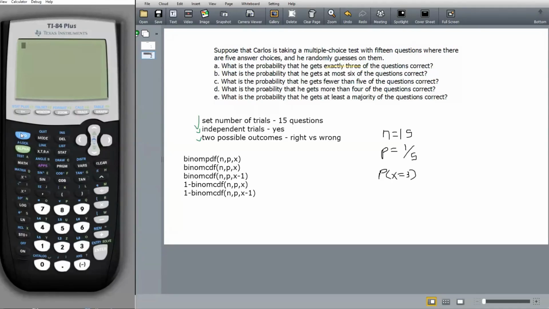So I can go ahead and click second, vars, and then go down to binomial PDF. My number of trials is 15. My probability of success is 1 out of 5, and I can put this as either a fraction or a decimal. And my X in this case is just 3.